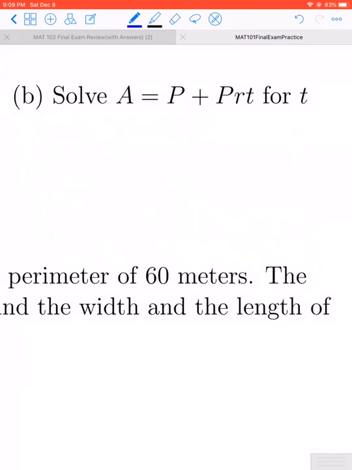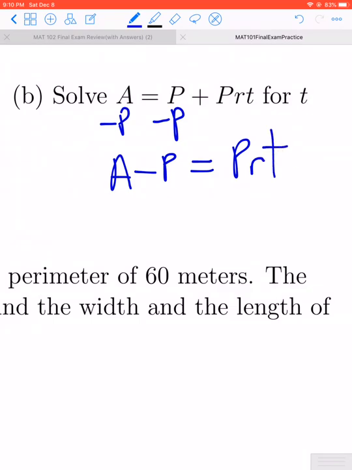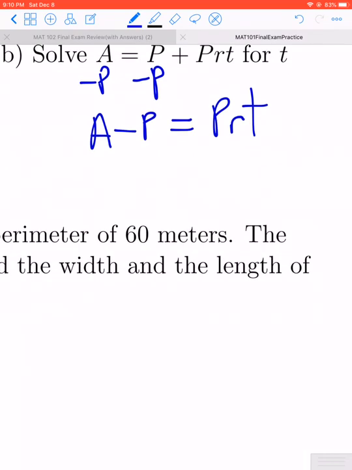Let's take a look at the next one. We are asked to solve this equation for the variable t. To get t by itself, we would want to first subtract and get rid of this P term. So I subtract P from both sides. That would be A minus P is equal to PRT. We have one more step to get t by itself.